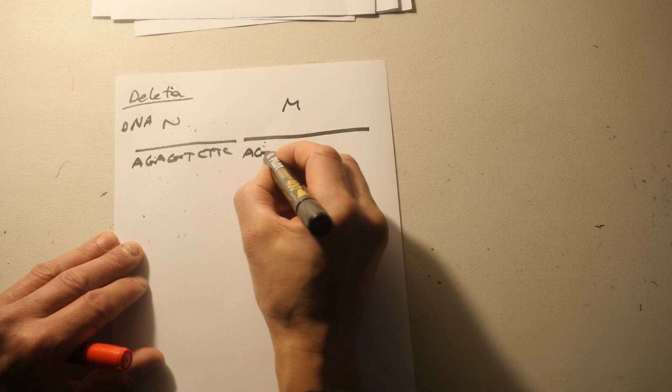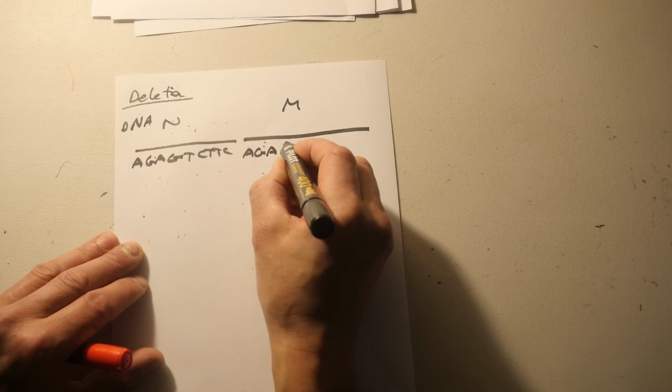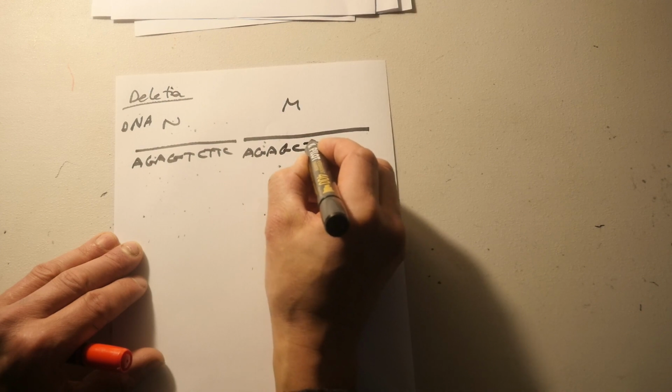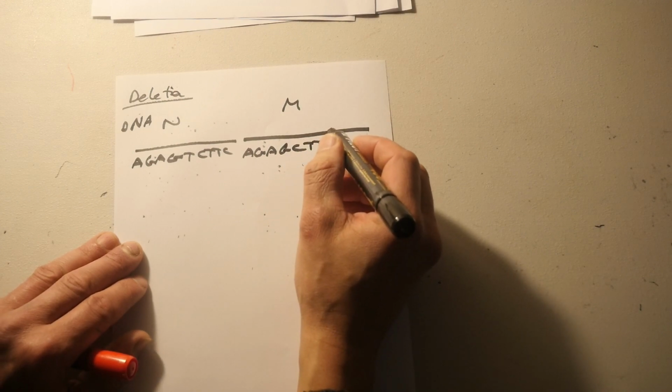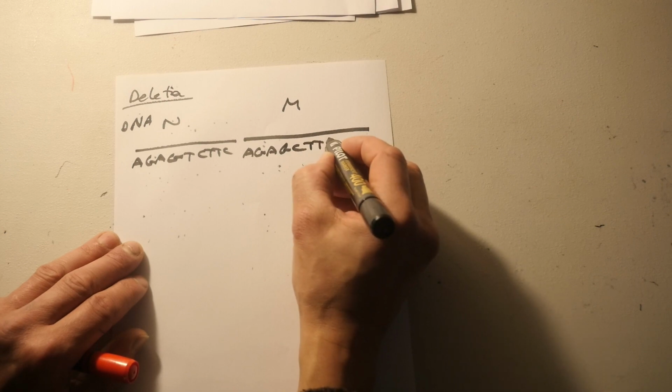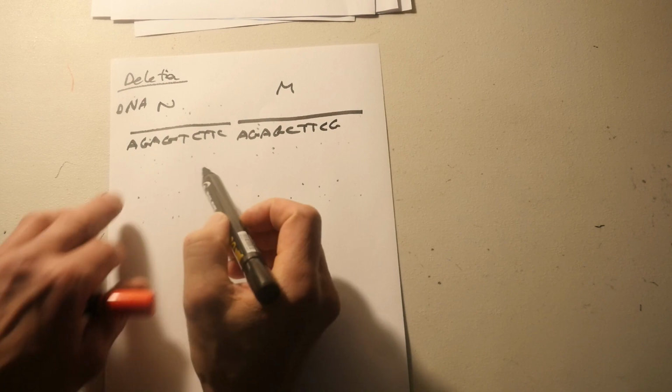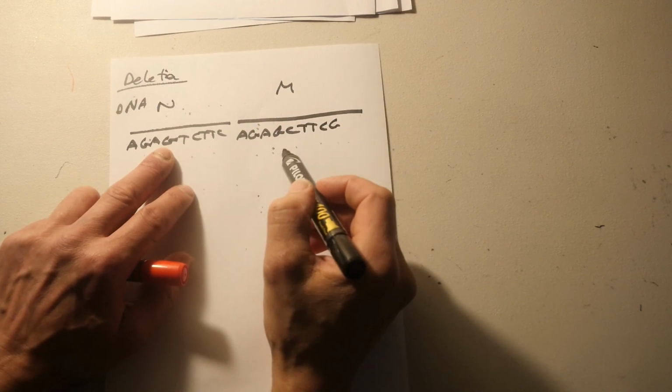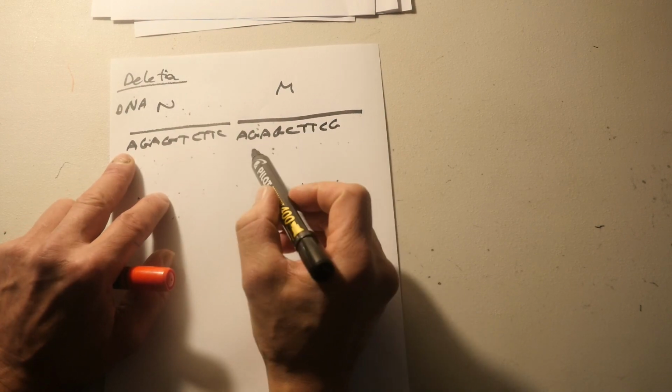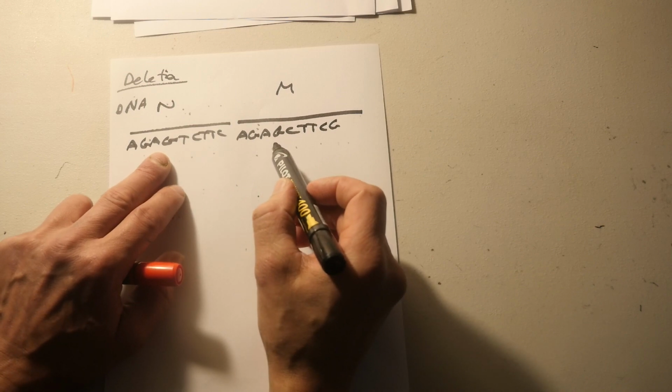A, G, C, T, T, C, G, okay? So in this case, that first T there, after the A, G, have I done this right?